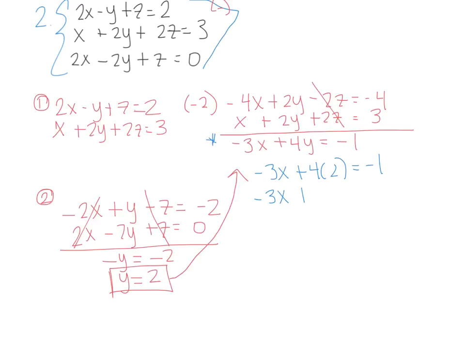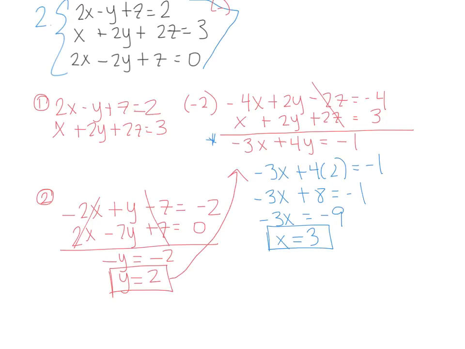My bad. Plus 8 equals negative 1. So I have negative 3x is equal to negative 9. So x is equal to what? Right, positive 3. So now we have x and y.